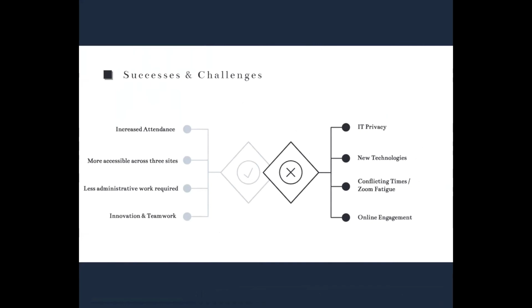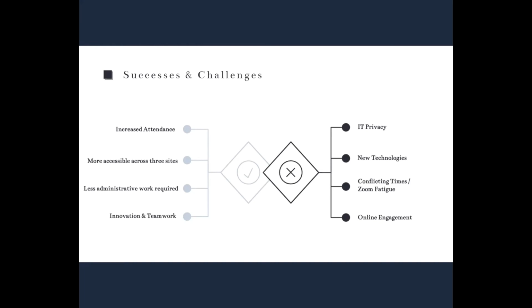Some of the successes that we saw was a surprisingly increased amount of attendance of our classes. This is most likely due to what Katie just mentioned, making it more accessible, especially across all 3 sites. Now that it's just a Zoom link that's broadcast across all 3 sites, no matter where you are, you can join in a library session instead of having us travel to your sites.